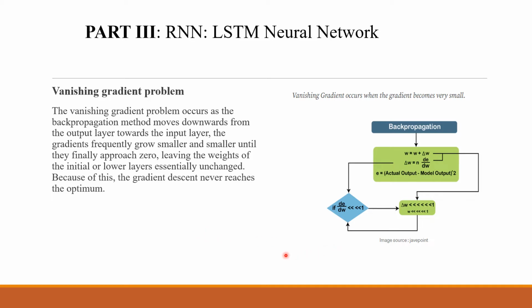So the gradients frequently grow smaller and smaller until they finally approach 0, leaving the weights of the initial or lower layers essentially unchanged. Because of this, the gradient descent never reaches the optimum. This is a screenshot showing the backpropagation method. You can see here where the gradients become smaller and smaller.